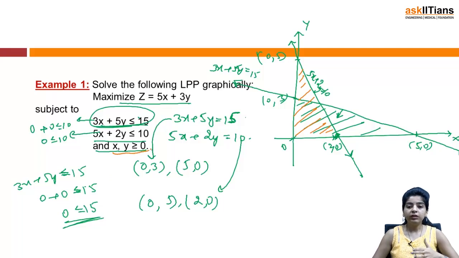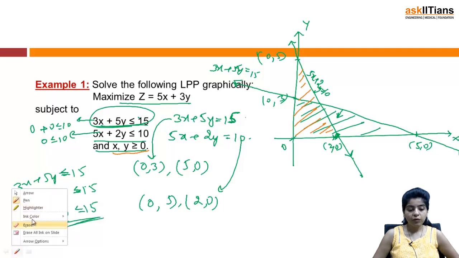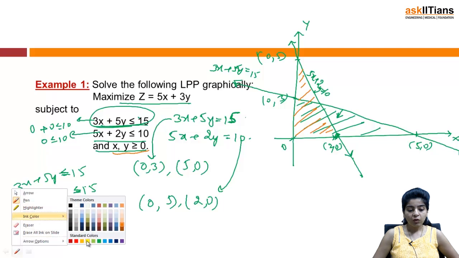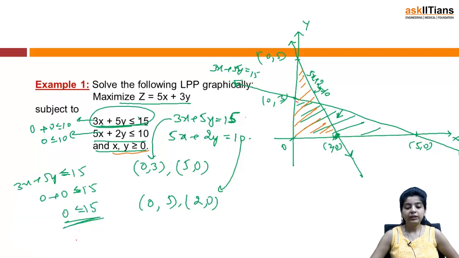So now you can see this is the region, therefore the common region would be this area. Common region would be this area.